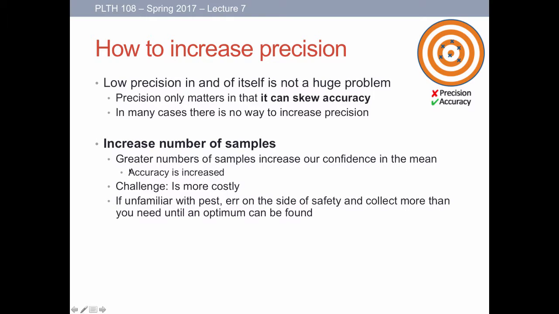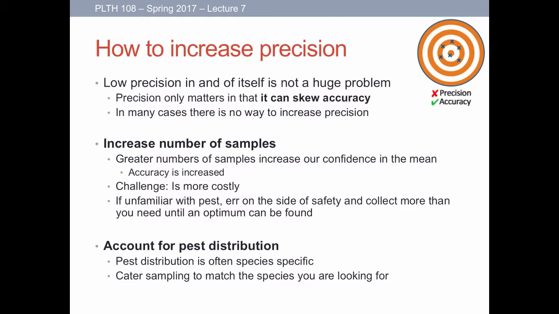So the general rule is that if you're unfamiliar with the pest, or unfamiliar with the system, it's good to err on the side of safety. Do a little bit more sampling than you think you need to, and then as you get more familiar, you can push things down and find a nice ideal place that you can sample at. And then finally, one way to increase precision is to account for that pest distribution we talked about earlier.